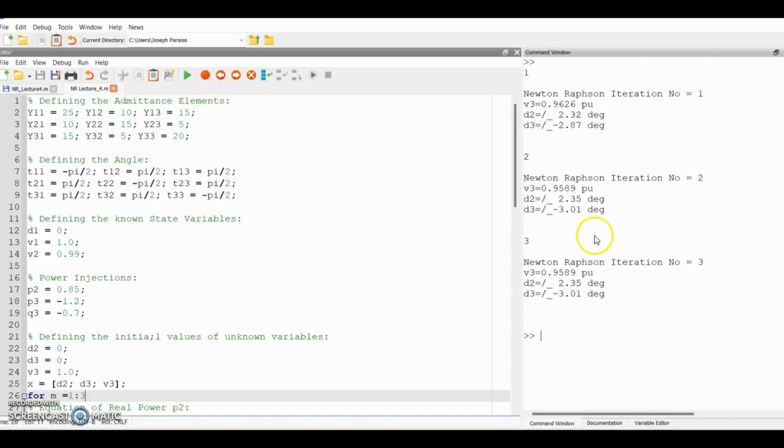So we have an output. We have three iterations wherein it gave us B3 is equal to 0.9589 per unit, D2 is equal to 2.35 degrees and D3 is equal to negative 3.01 degrees. So that's all. Thank you very much.